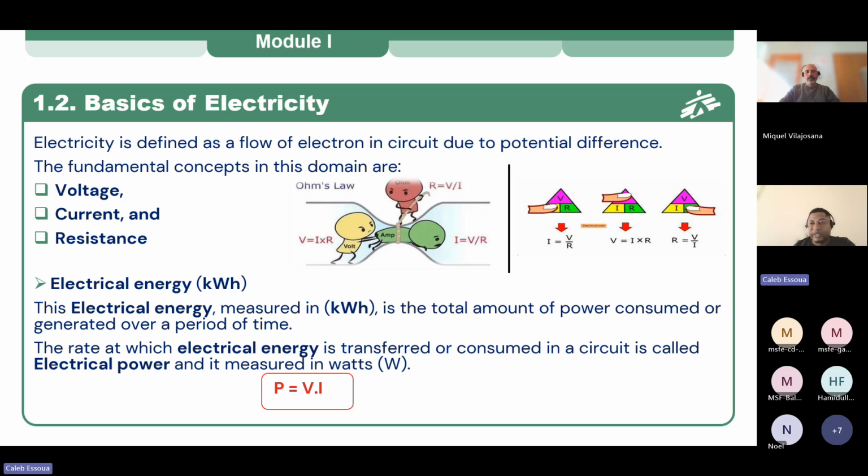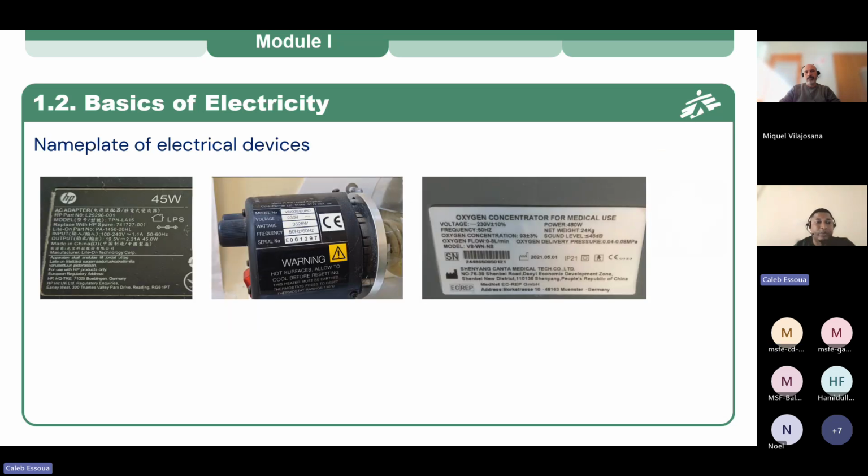The potential difference, which is the voltage, is 240 that we receive from the generator. And your current is 1.1 amps. If you multiply, you get around 400-something watts. But people make a mistake and put 45.